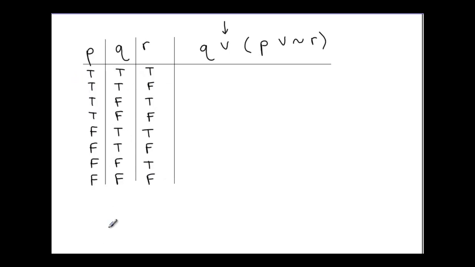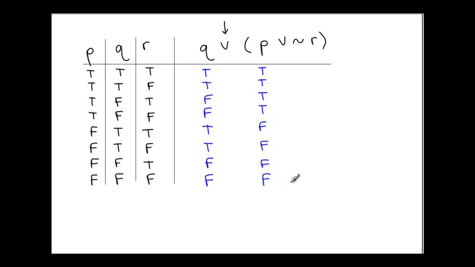Now that that's filled out, as we look over here, first I want to copy the Q column. So true, true, false, false, true, true, false, false. Next I'm going to copy the P column, which is true, true, true, true, false, false, false, false.